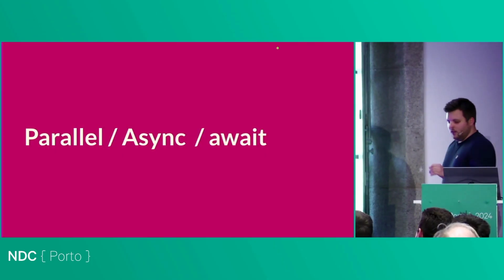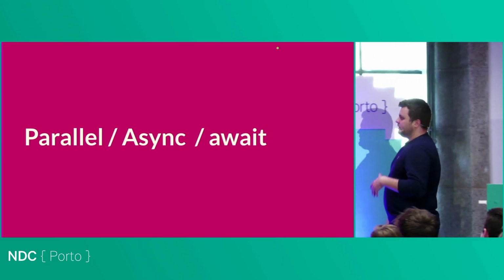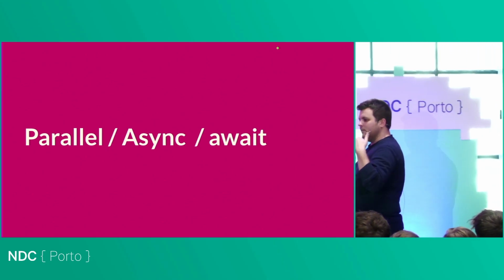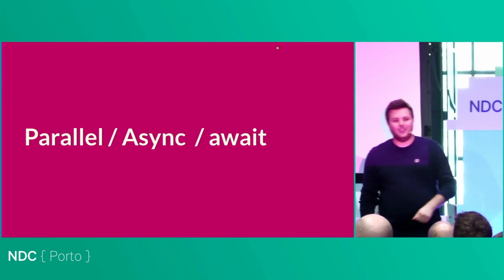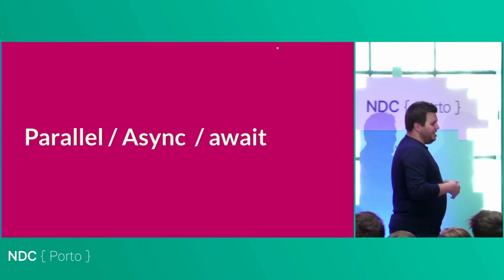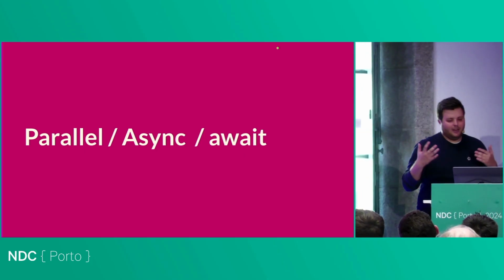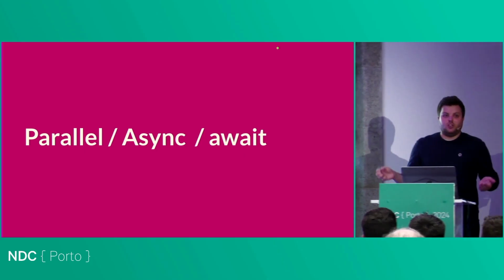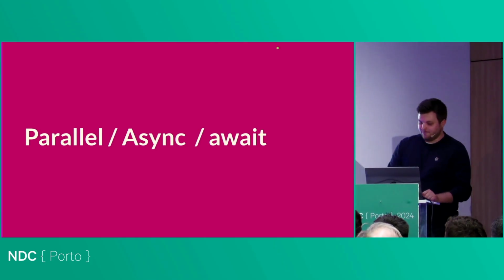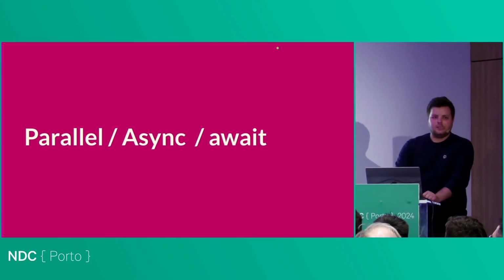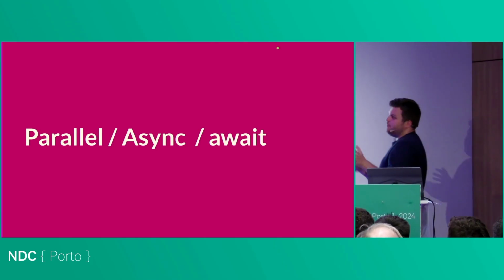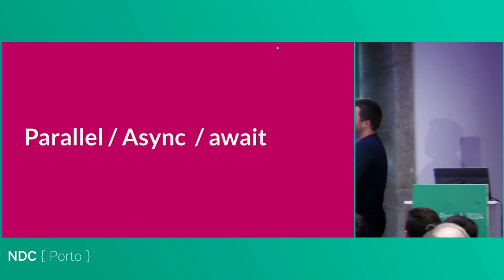Okay, we can talk about some other things. I said do less work, but the other thing is maybe do more work in parallel. We can use the same amount of compute to achieve similar results, but with potentially vastly different outputs. So parallel, async, await. .NET has got some fantastic different paradigms of building your applications.